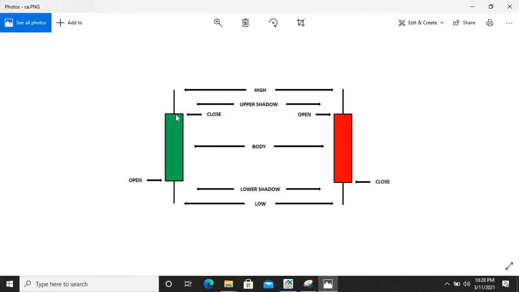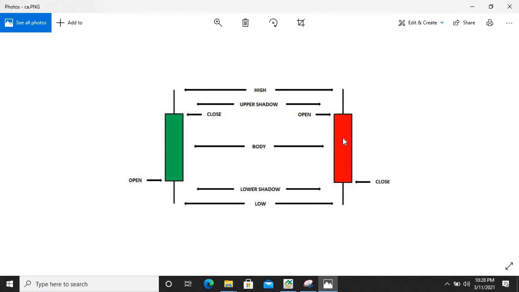Okay, this part is called the body. So this is another candlestick. As you can see, it's red. It represents the sellers.